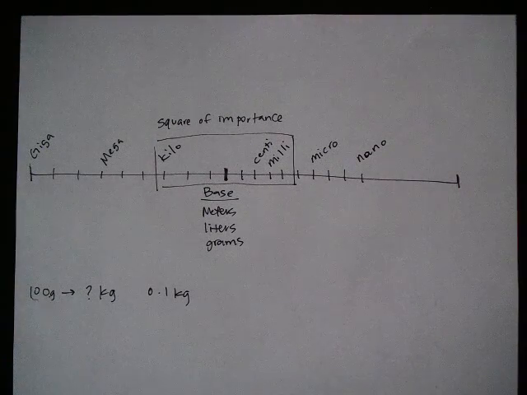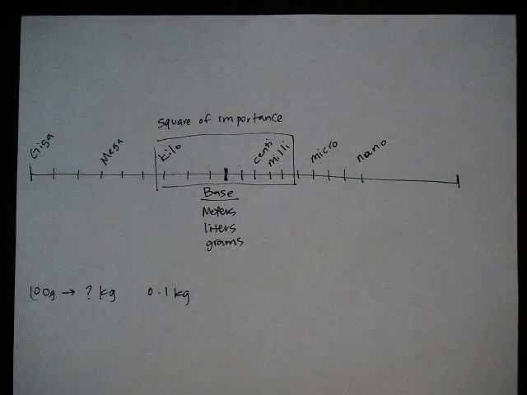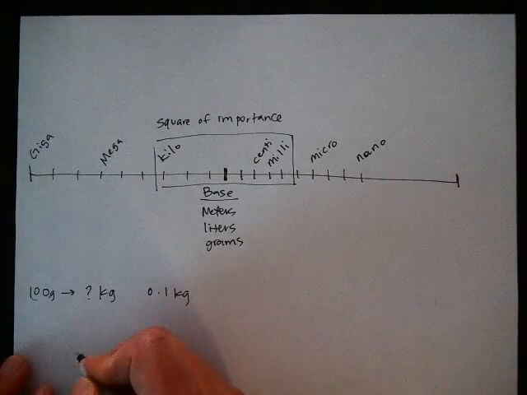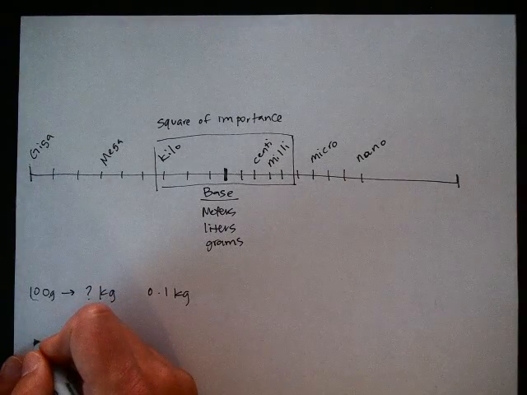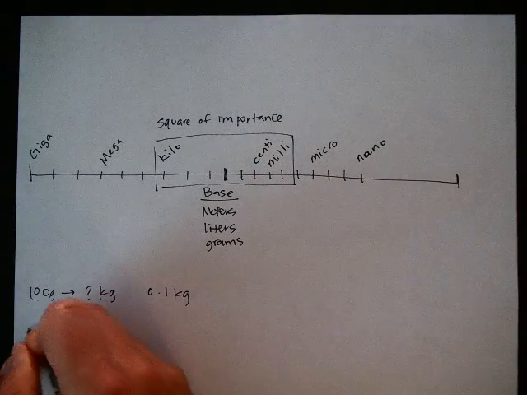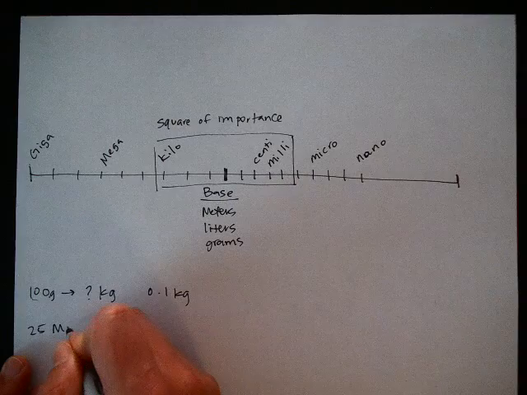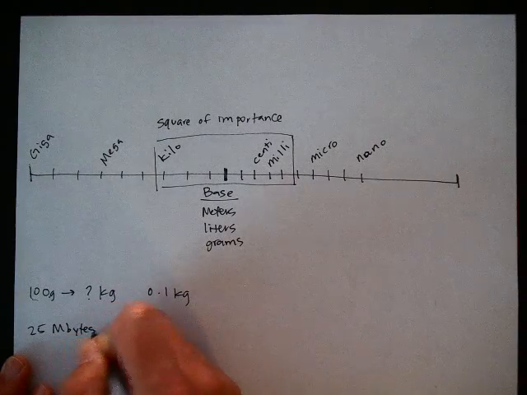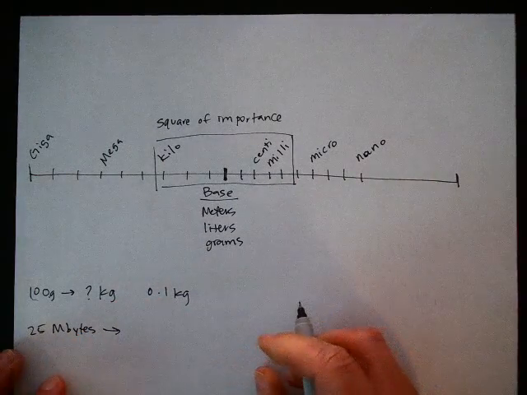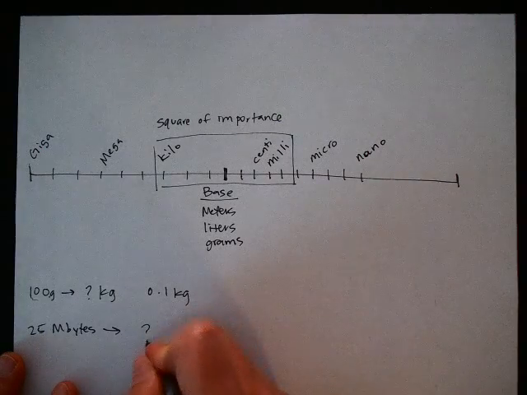And there's no real math involved. All you've done is just move your decimal in the direction and the number on the number line. So that's a really slick way to do it. If you want to go the other direction, let's say I had 25 megabytes of information, and I want to know how many bytes that is.